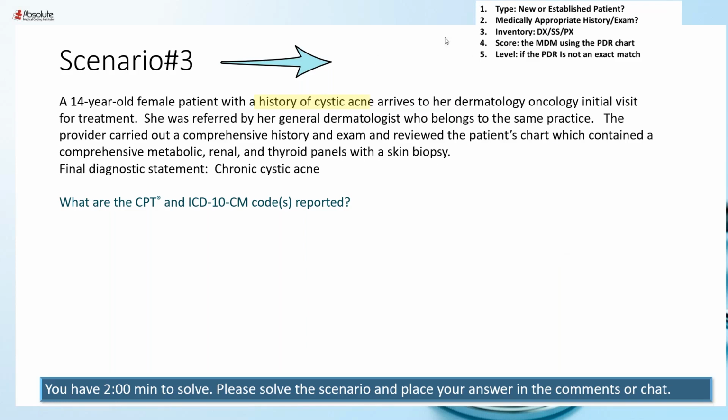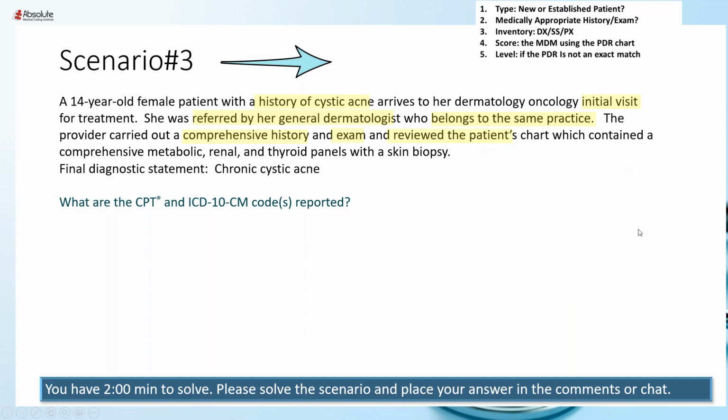Remember our instructions on the upper right, and here are my keywords. History of cystic acne, initial visit for treatment. She's referred by her general dermatologist who belongs to the same practice. Comprehensive history and exam.